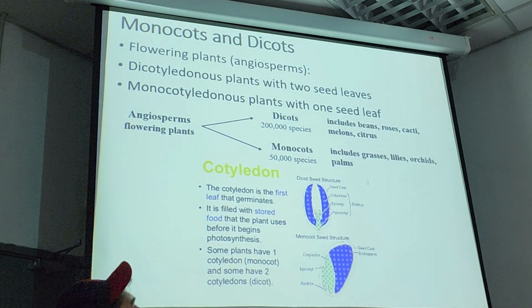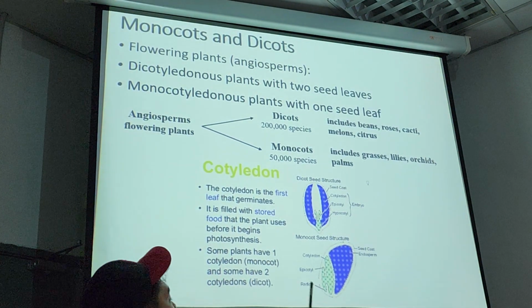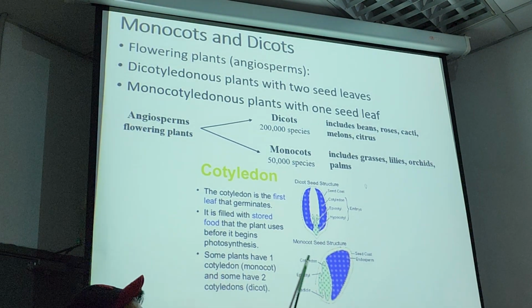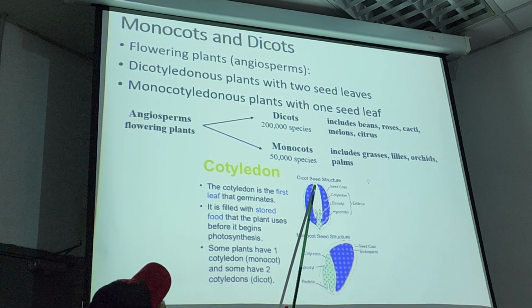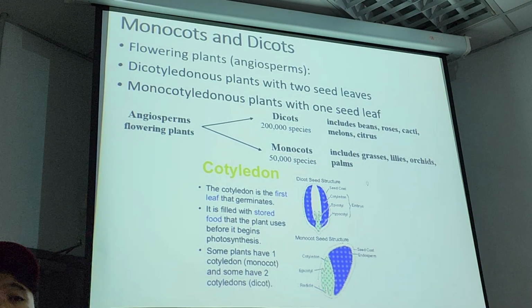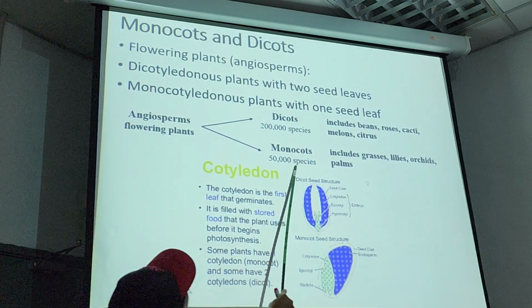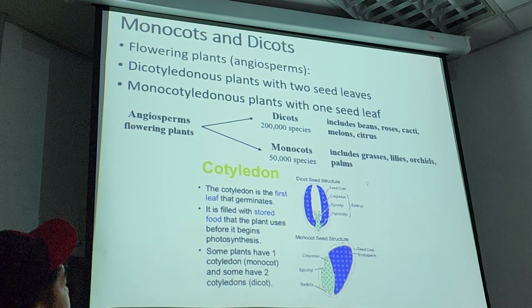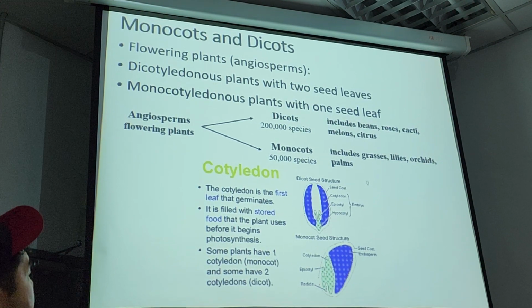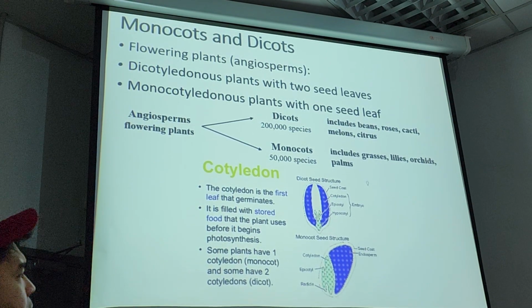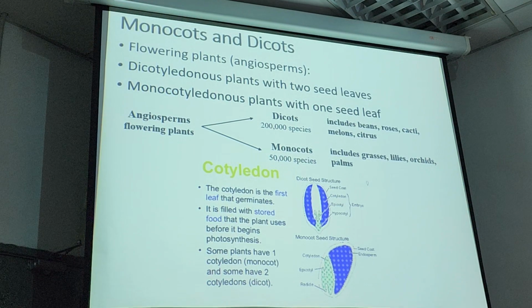So cereals like corn and rice have monocot seeds, while beans, coffee beans, and rambutan have dicot seeds. So what's the wisdom of having this arrangement? You'll see in a bit.